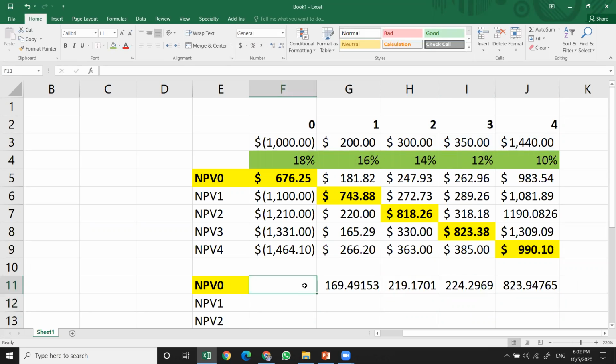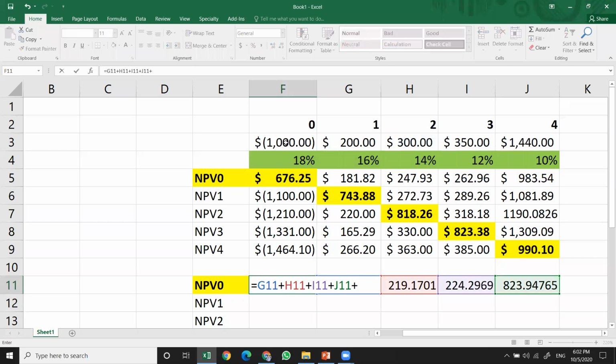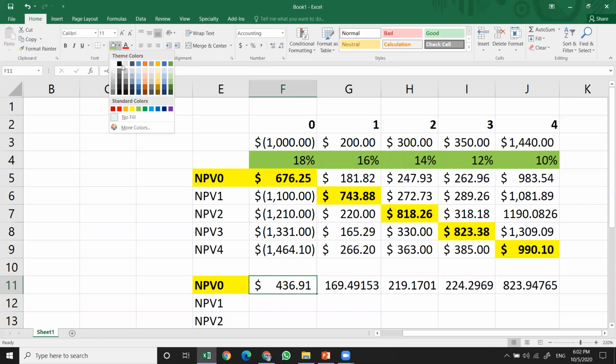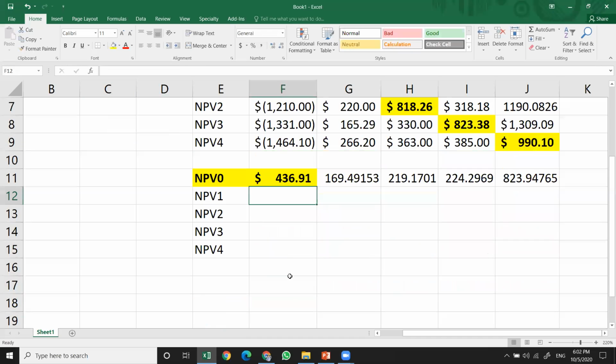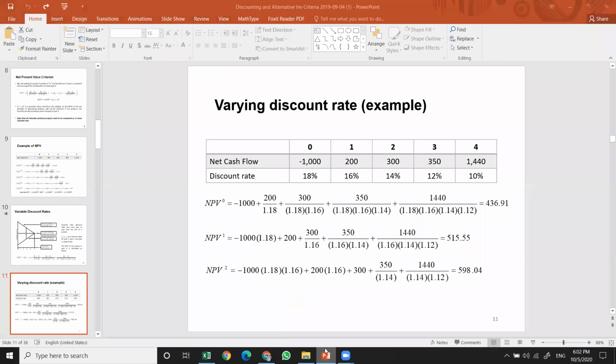That's good. Now I can make the summation of all. This is my NPV. Are we correct? Yes, we are okay.